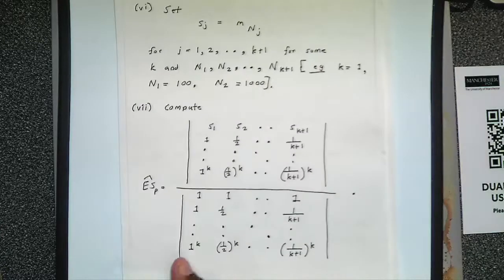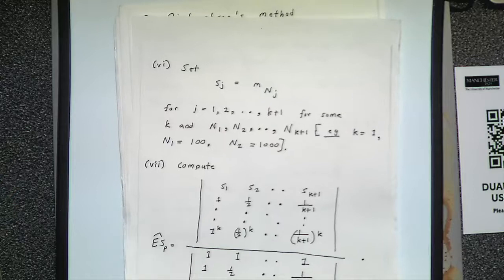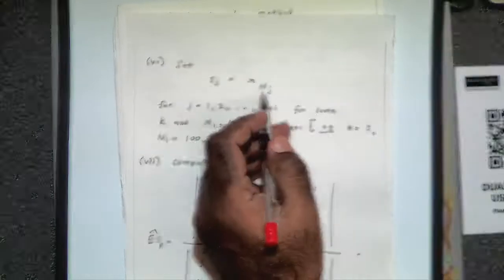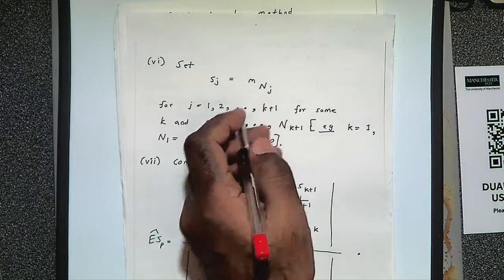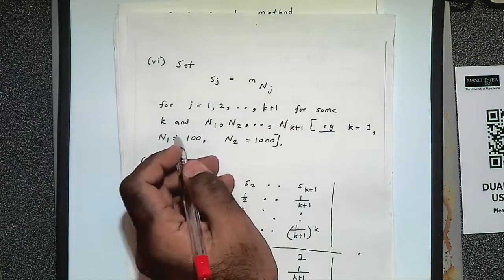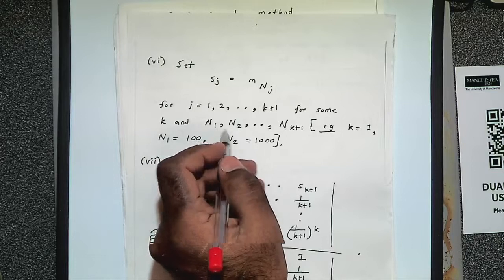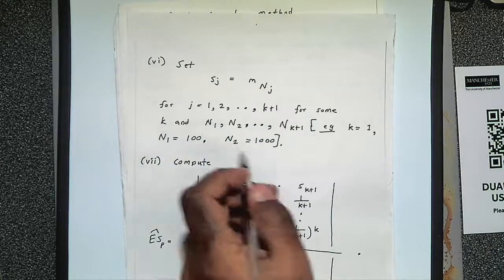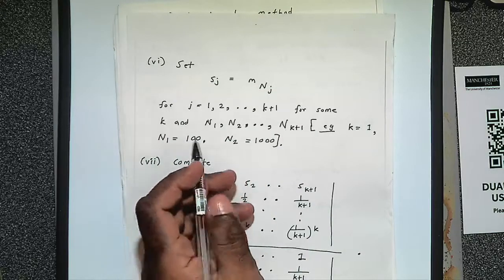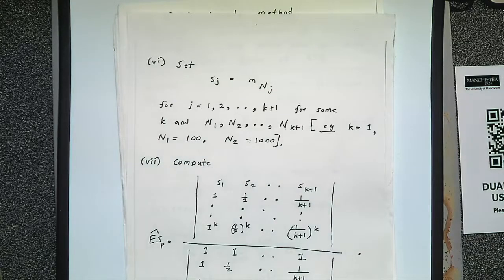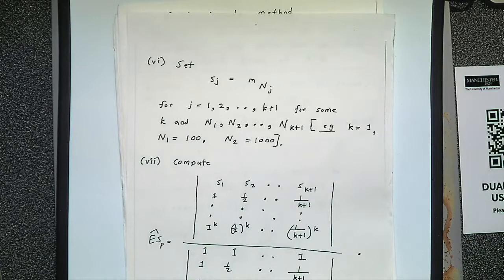Then the next step, step number 6, is this one. You define S_j as m subscript n subscript j. So this is like 3 levels, for j from 1 to k plus 1, for some values n1, n2 up to n_{k+1}. For example, if you take k to be 1, you can take n1 to be 100 and n2 to be 1000. You pick a value for k, and then you pick some values for n1, n2 up to n_{k+1}.